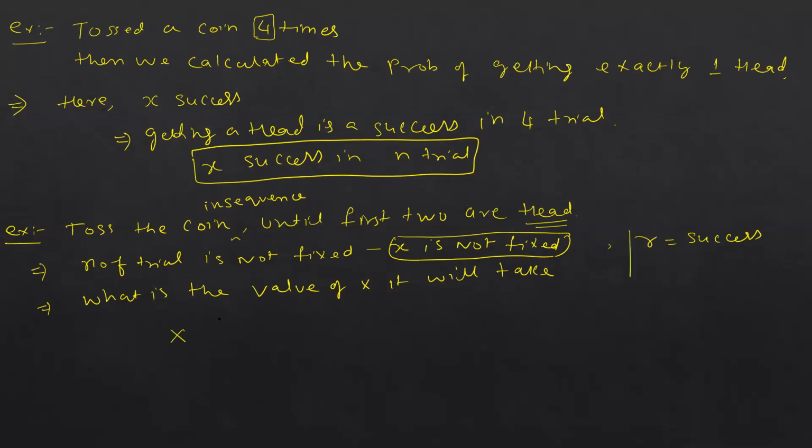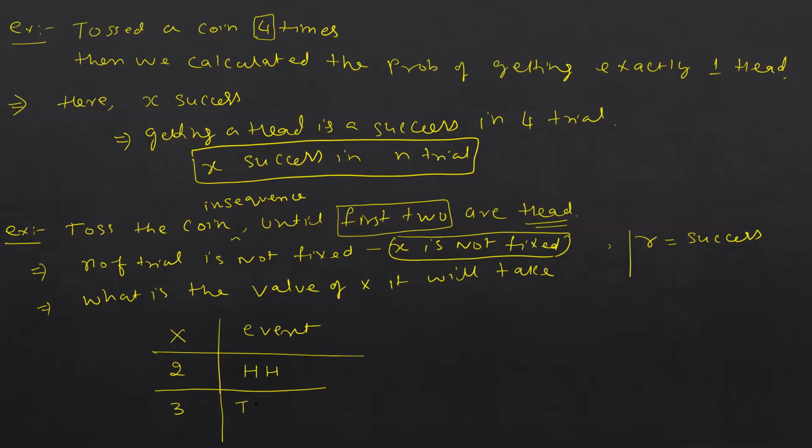Let us take x values and the corresponding events and visualize this a bit. The minimum x can take is 2, because we are tossing this coin until we get the first two heads, so you may get head and head at the very start. X can be 3. The possible events: failure, head, head; or success, failure, success.